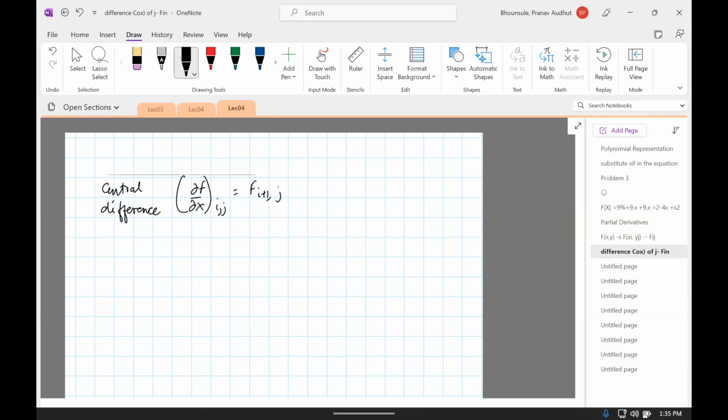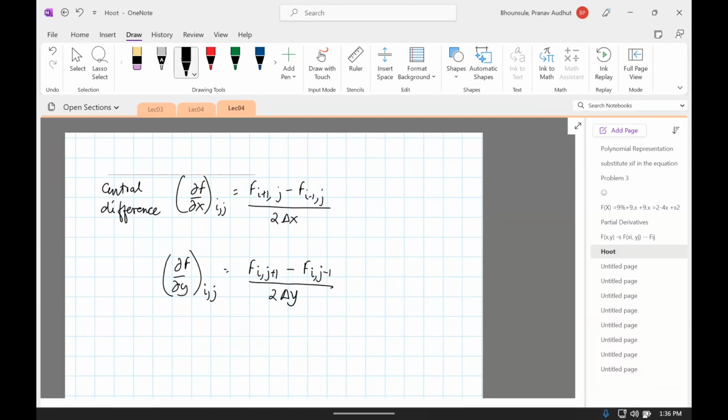So F i plus 1, j minus F i minus 1, j divided by, this one is 2 delta x. Then we have df/dy at i, j, which is F i, j plus 1 minus F i, j minus 1, over 2 delta y.